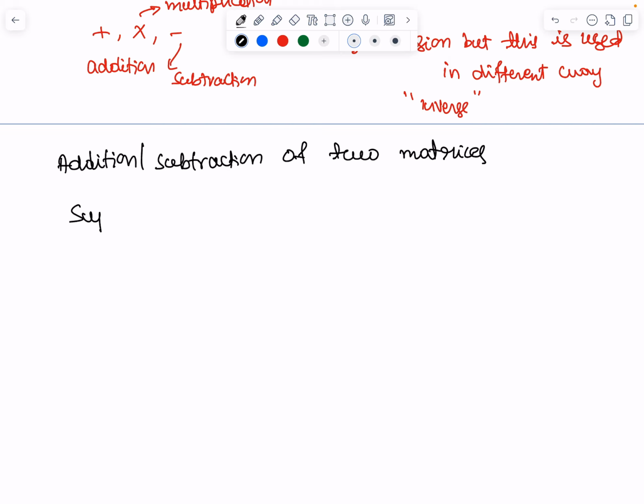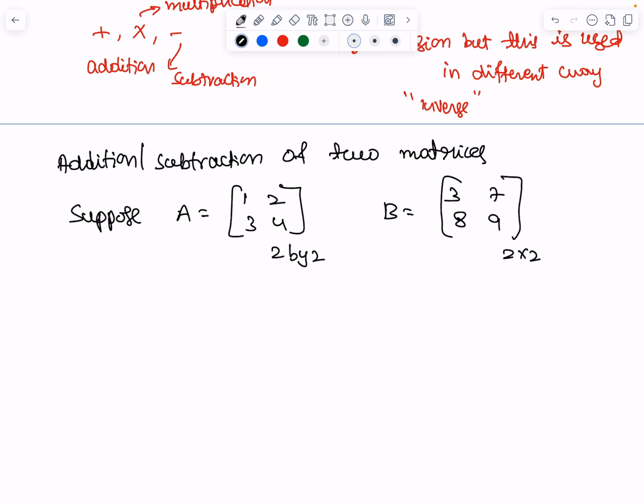Suppose A is a 2 by 2 matrix and B is also a 2 by 2 matrix.